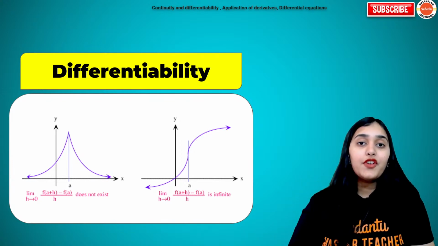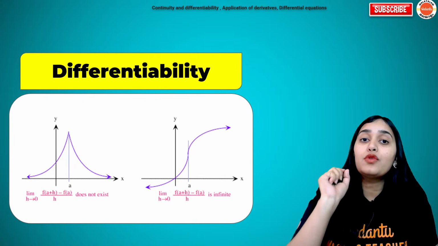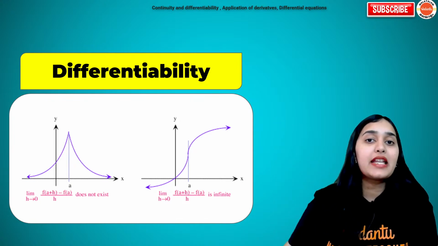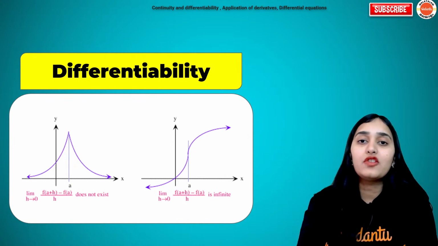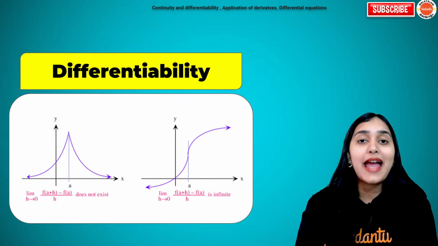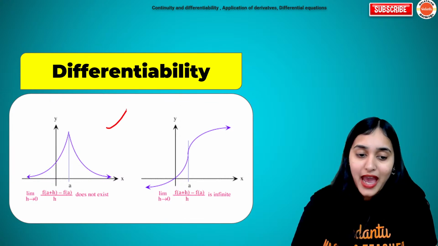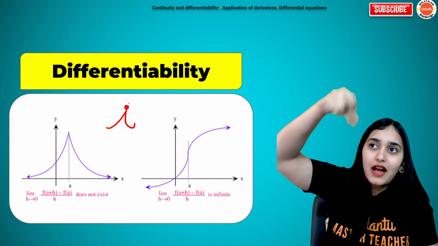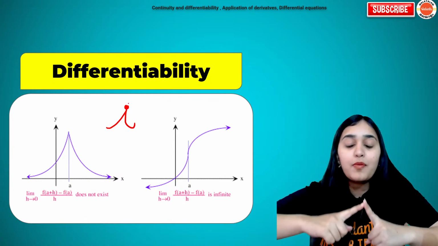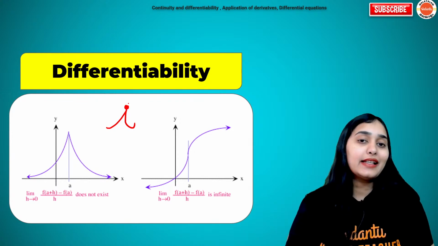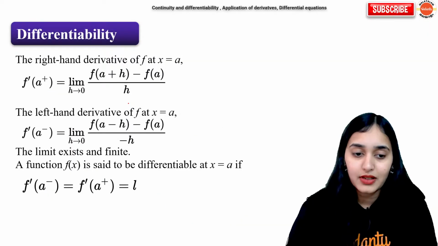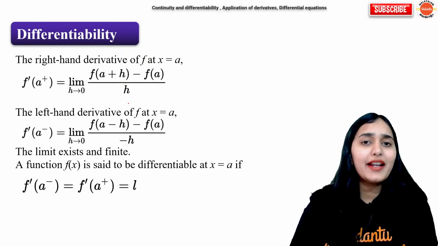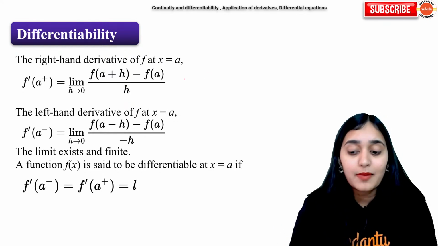Next, if you are able to draw a tangent at that particular point, your graph is differentiable. If you are not able to draw a tangent, if you have a crisp point where your graph is turning, if you have corner points in your graph, then you can directly say that it is non-differentiable.